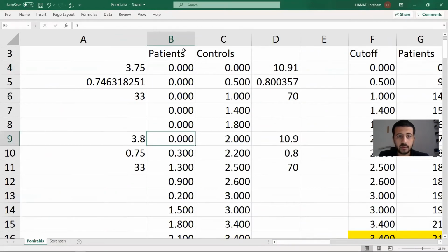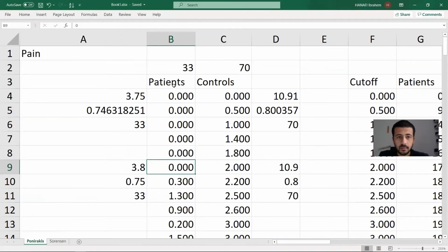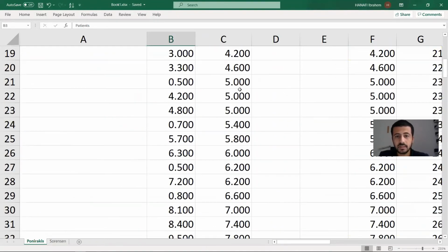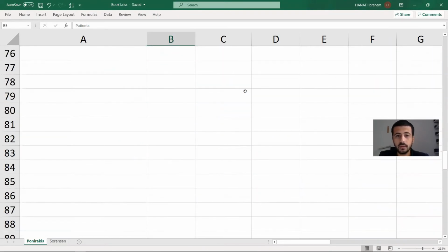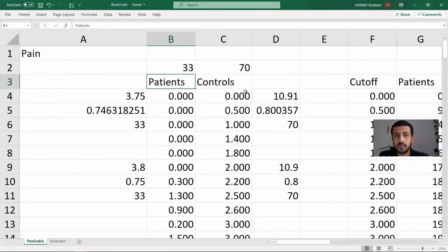Here we have some data from patients and some data from controls. Those are in SPSS. Those data are actually for nerve fiber density under the skin.